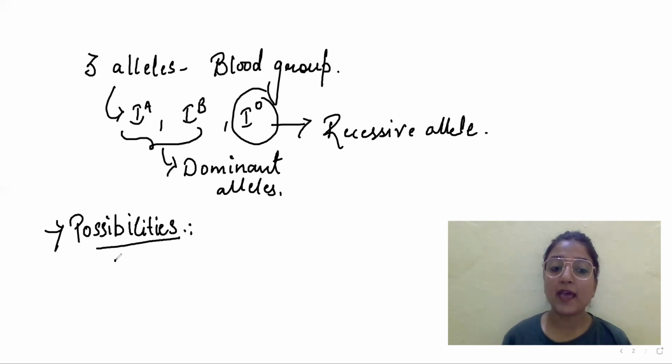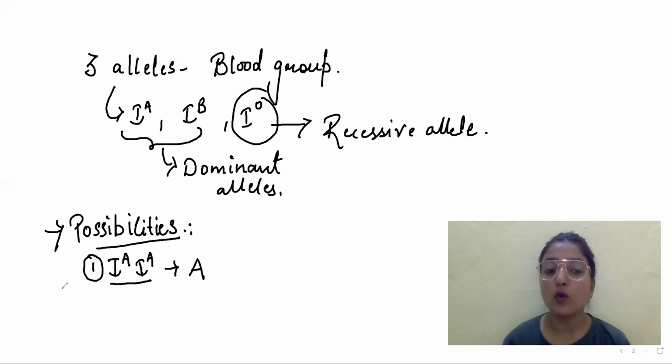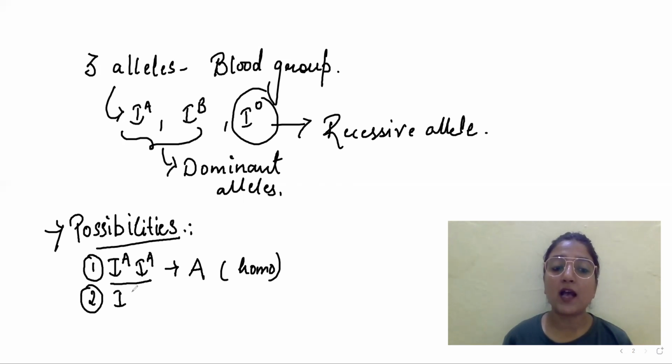A person can have homozygous IA IA, right? So the first possibility is both are dominant and both are IA, so the person's blood group will be A, but in this case it is homozygous. So you can write in the bracket, it is homozygous. The second possibility can be IAIO.